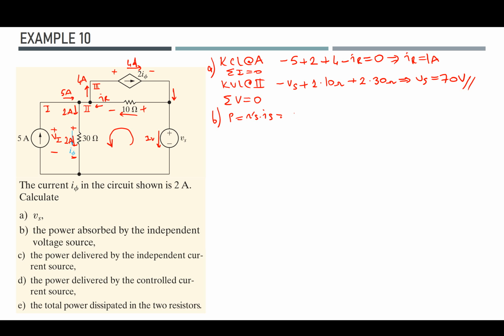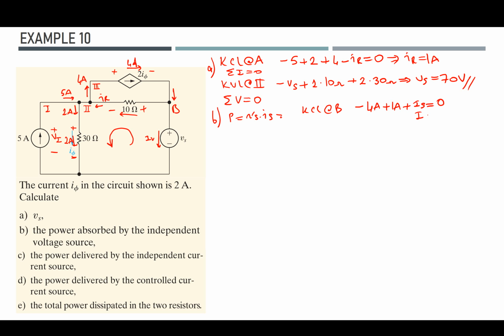So knowing the values, I can easily see that the current flowing through the Is can be calculated using KCL at node B. KCL at B tells me that minus 4 amps plus 1 amp plus Is should be 0.